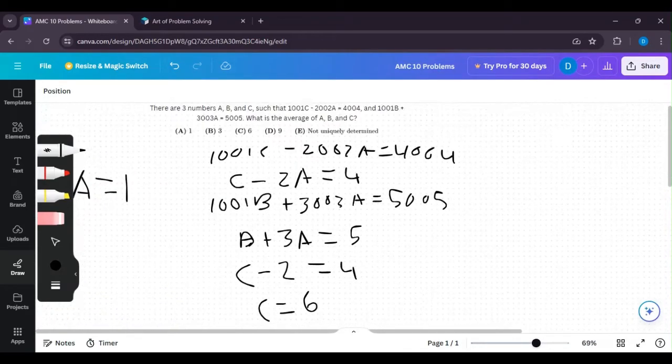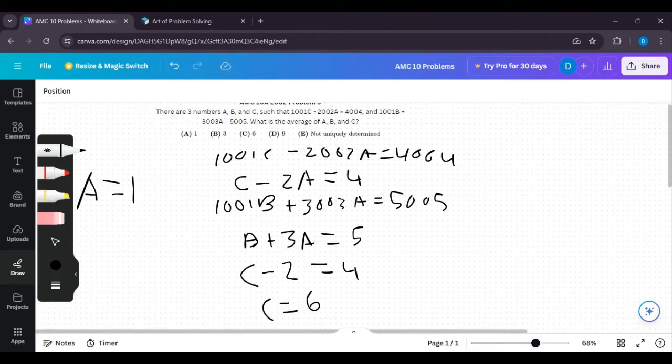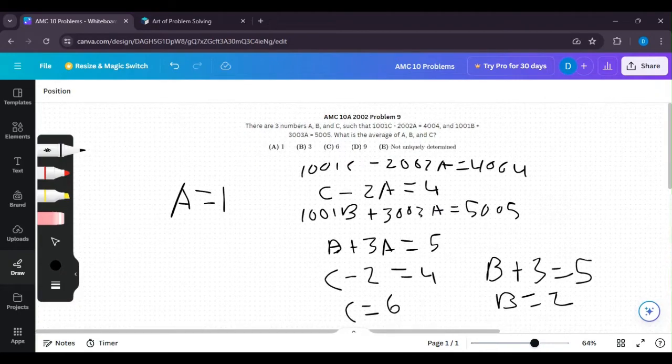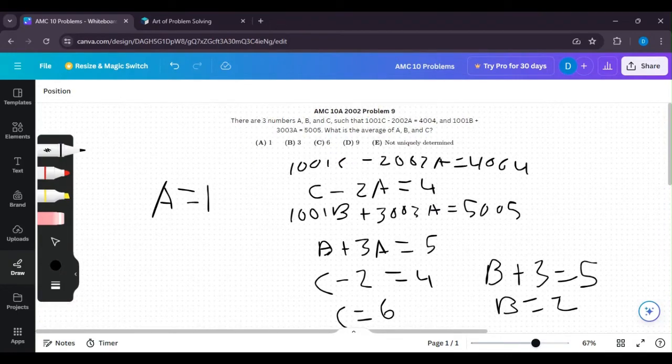And then we can also plug a is 1 into b plus 3a equals 5. So we have b plus 3, which is equal to 5. b is equal to 2. And we know that this works because, thinking about it pretty logically, if we plug in an integer for a, we can find the integers corresponding to b and c.